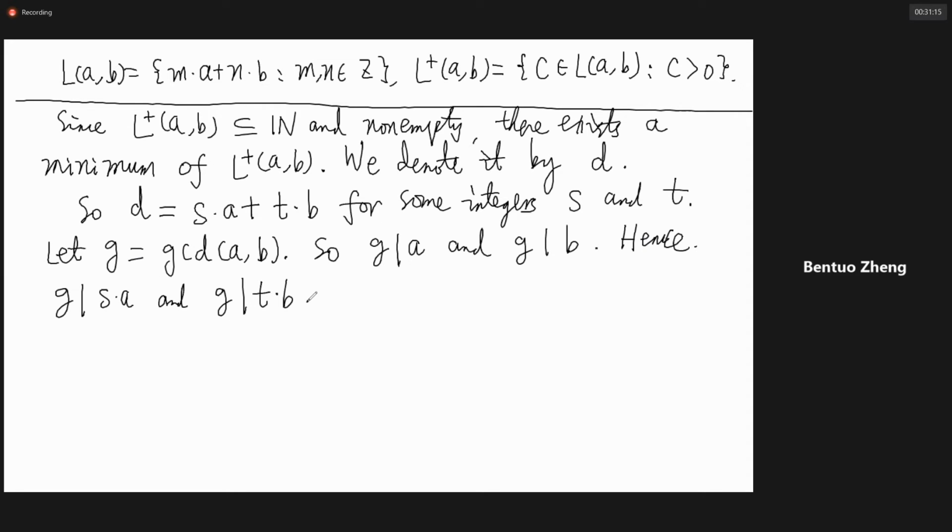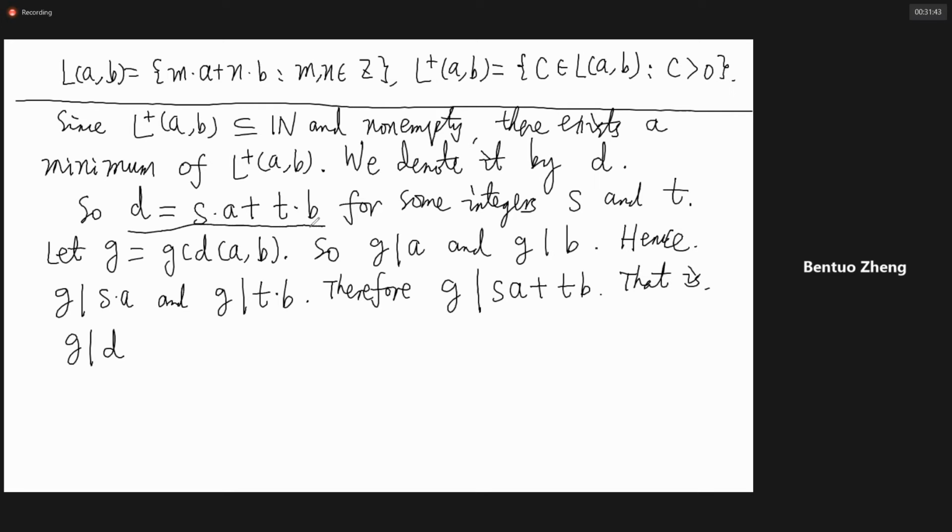Now, since G divides SA and G divides TB, G divides the linear combination, the sum of these two numbers. That is, G divides D, because D is equal to SA plus TB.